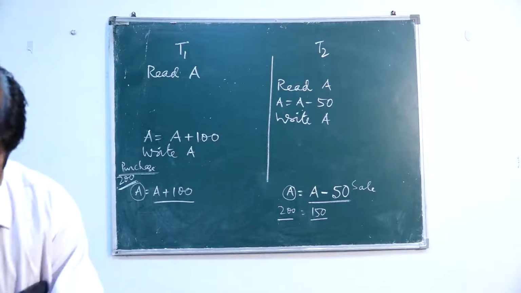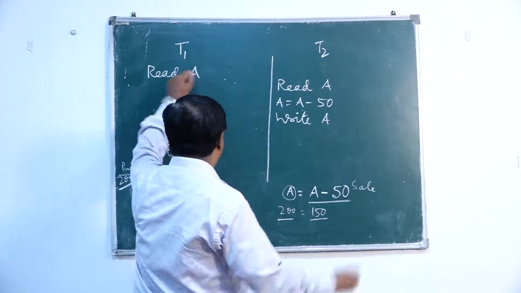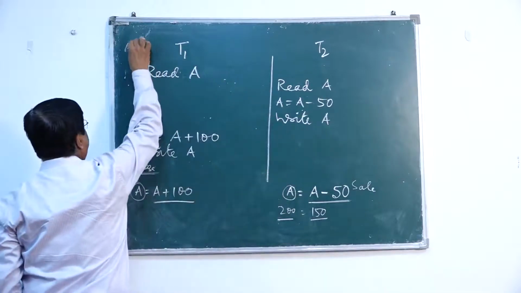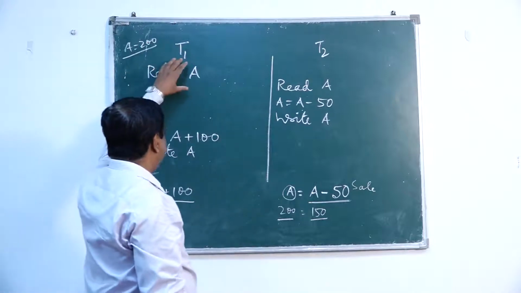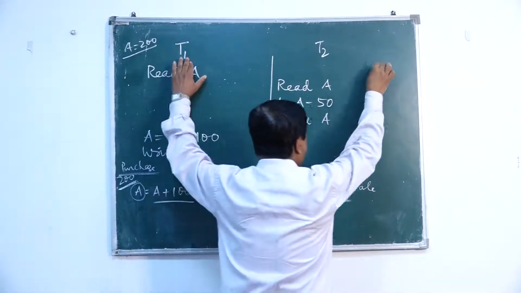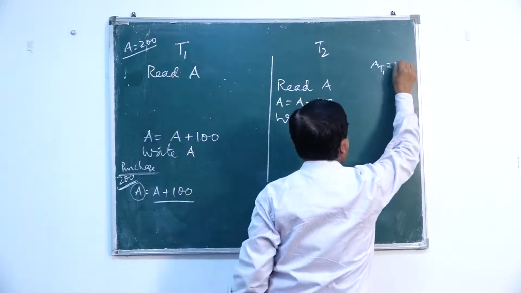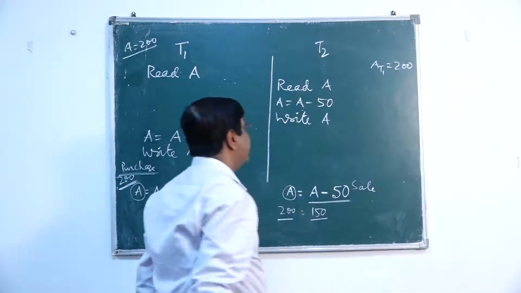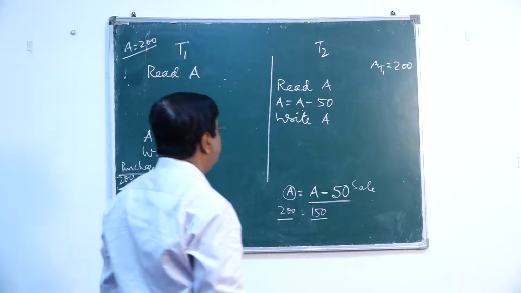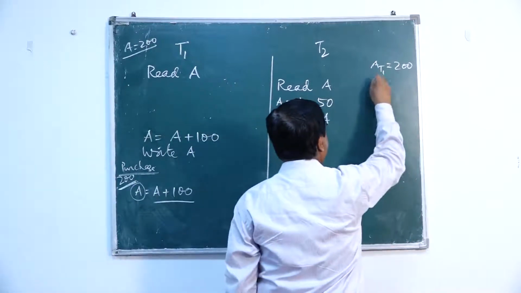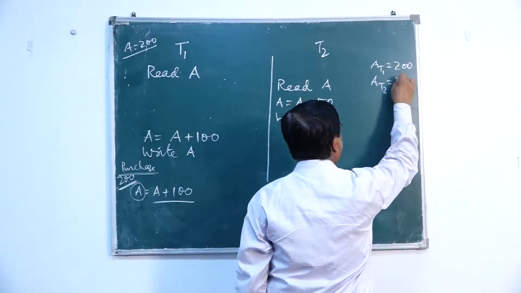So, what would happen now? Initial value of A is say 200. When T1 reads A, the value of A for T1 is 200. Then transaction T2 reads the value of A, so the value for transaction T2 is 200.